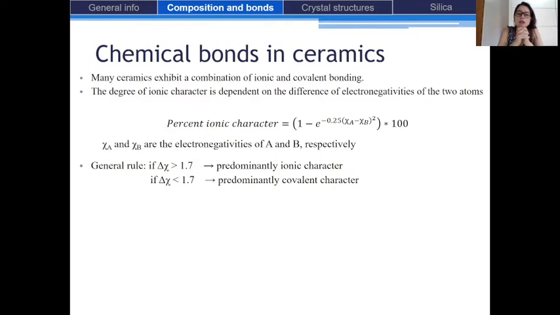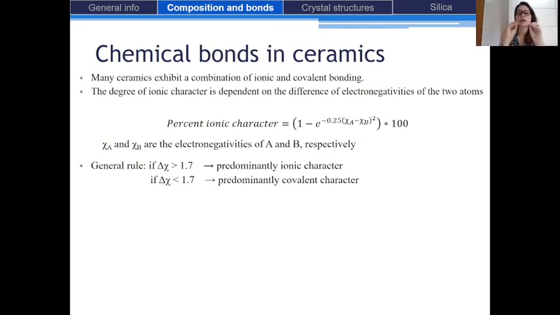And you can see that we can calculate it knowing the electronegativities of the two atoms, A and B. And as a general rule, we will say that if the difference of electronegativity between the two atoms is higher than 1.7, we have a predominantly ionic character.